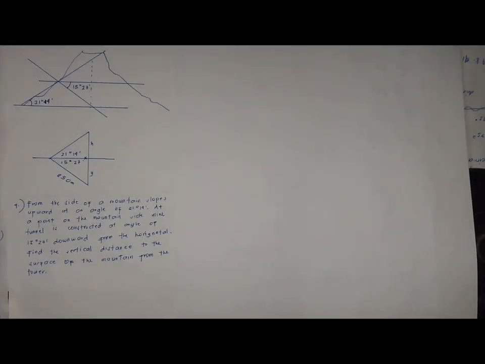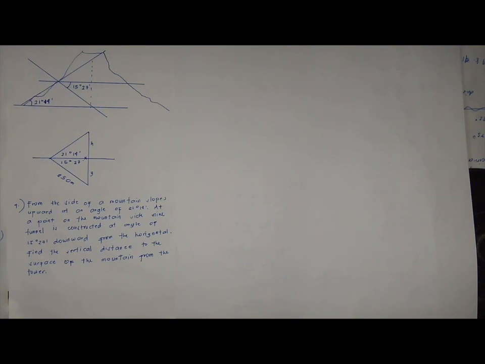Number 4, the side of a mountain slopes upward at an angle of 21 degrees and 14 minutes. At a point on the mountainside, a mine tunnel is constructed at an angle of 15 degrees and 27 minutes downward from the horizontal.